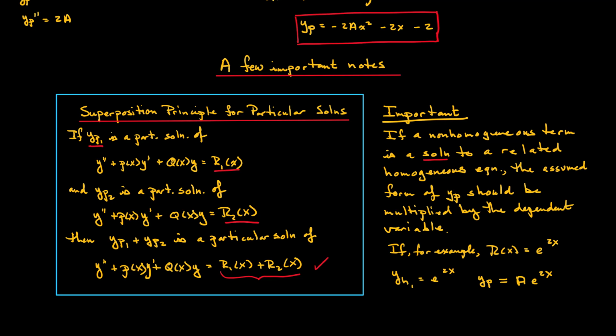And so what this is saying is that we must multiply this assumed form by the independent variable. That is, we should say that yp is equal to a multiplied by the independent variable multiplied by the assumed form e to the 2x. And we will look at some examples later.